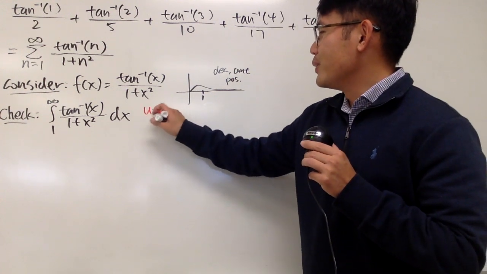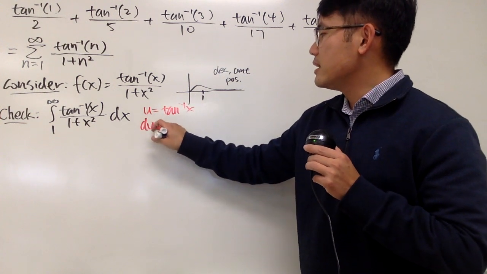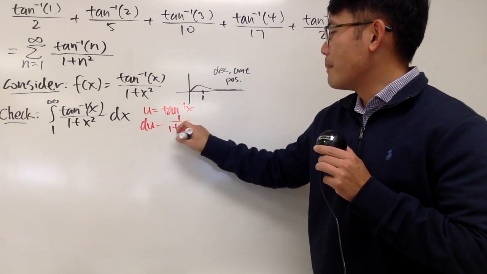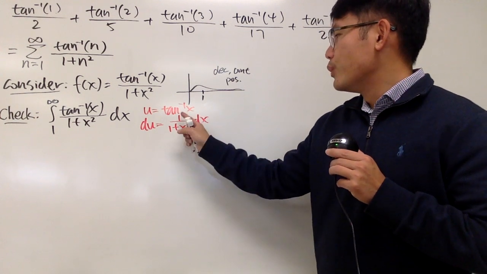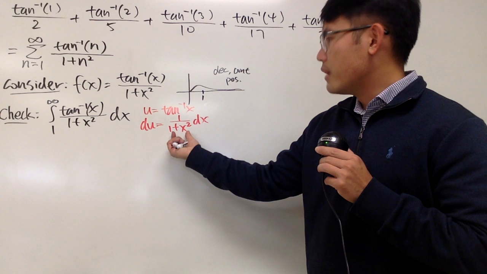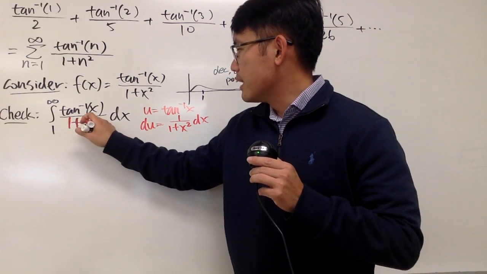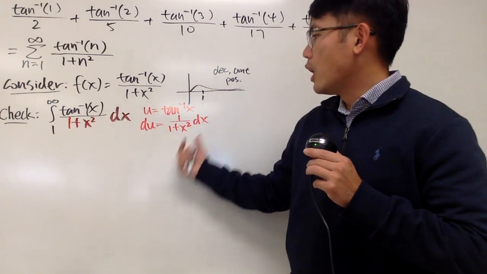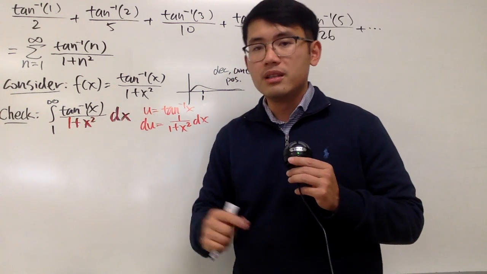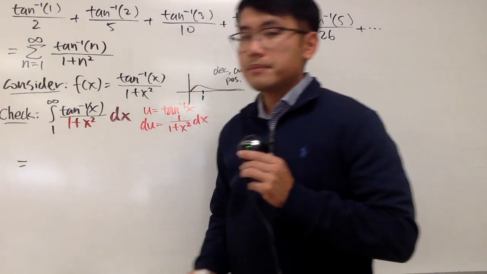So we are going to take u equal to the inverse tangent of x, and we see that du is just 1 over 1 plus x squared dx. And notice that we have the 1 plus x squared in the denominator right here. So the 1 plus x squared here, along with the dx, all this right here will be the du right away. That's very nice.